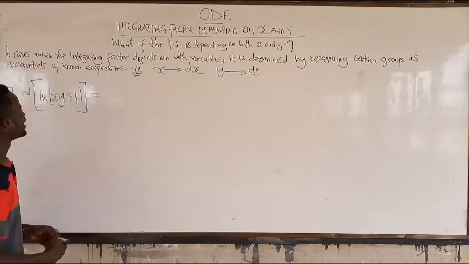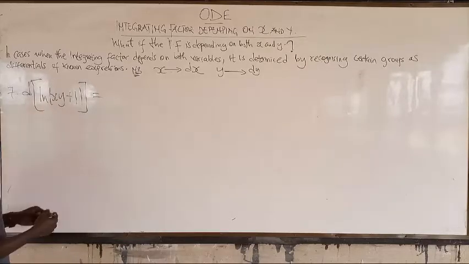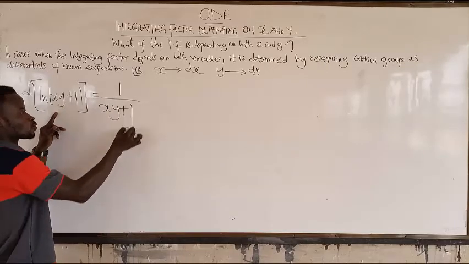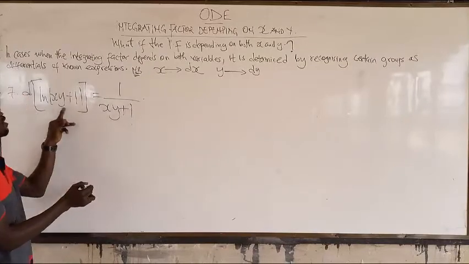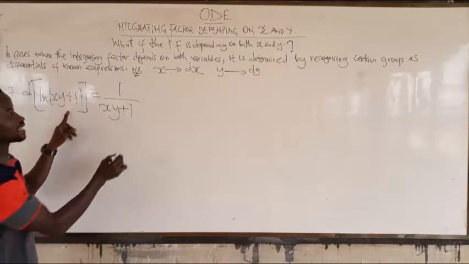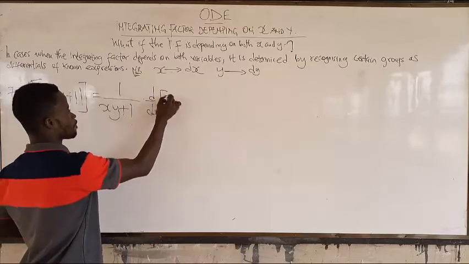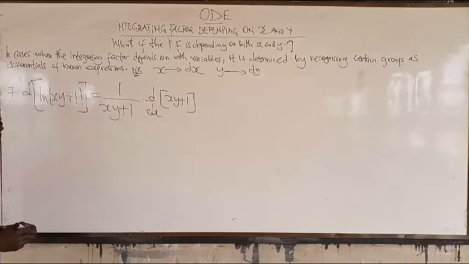Okay, now there is a function inside of another function, right? So this is 1 over xy plus 1. Then you take the derivative of the inside. Very good.